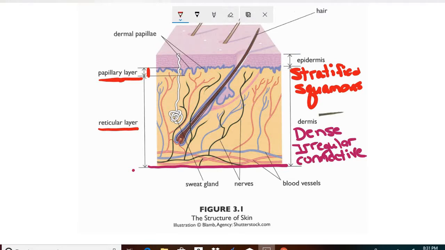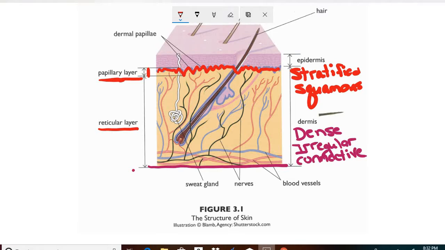And the thing I want to point out about the papillary layer is that if you see in here, I'll try to trace these, you notice that the papillary layer is made up of what are called dermal papillae, and they're basically just small bumps.